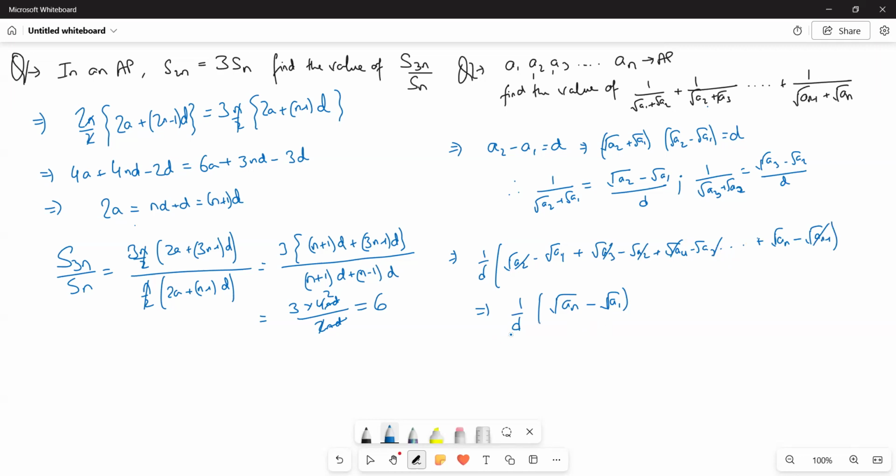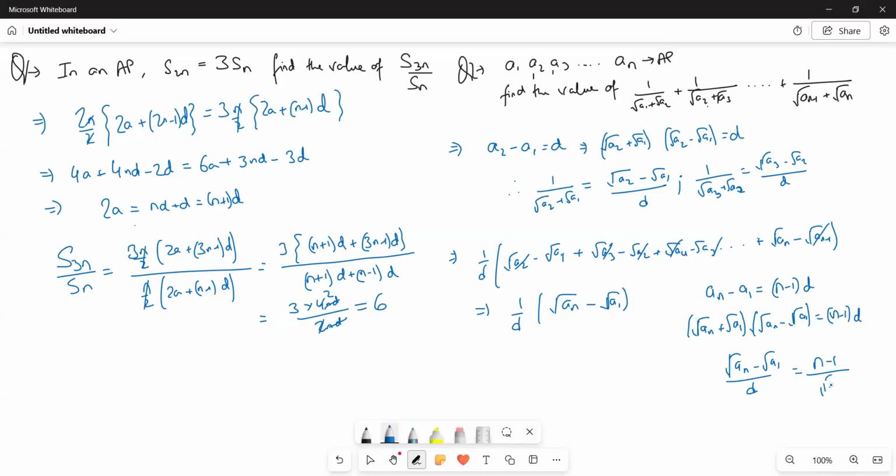Okay. But we don't know the value of D, and D is not given in the question, so we need to eliminate D. So now to eliminate D, we look at this. AN minus A1 can be written as N minus 1 times D. Or if we apply the same concept, root over of AN plus root over of A1 into root over of AN minus root over of A1 is N minus 1 D. Okay, so from here, what would be the value of root over of AN minus root over of A1 whole divided by D?